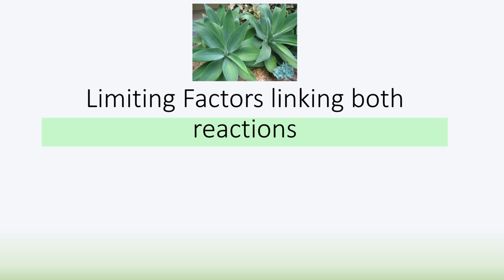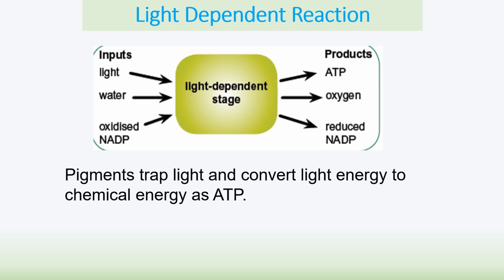Limiting factors link both reactions in photosynthesis together, and you need to be able to link the two together to explain the impact of these limiting factors. So remember, the key thing is the products of the light-dependent stage, ATP and reduced NADP, are needed for the light-independent stage, or the Calvin cycle.